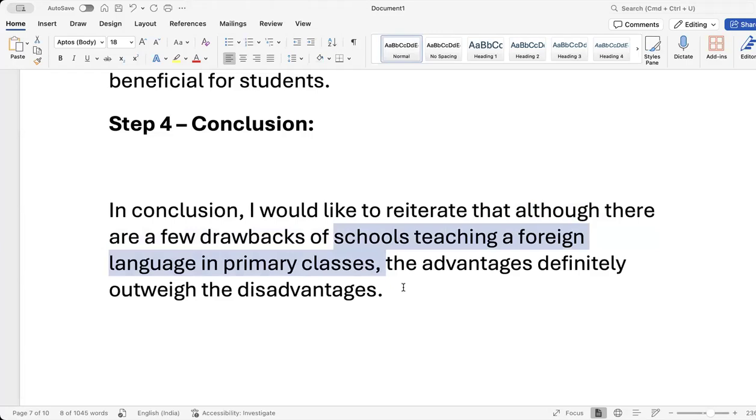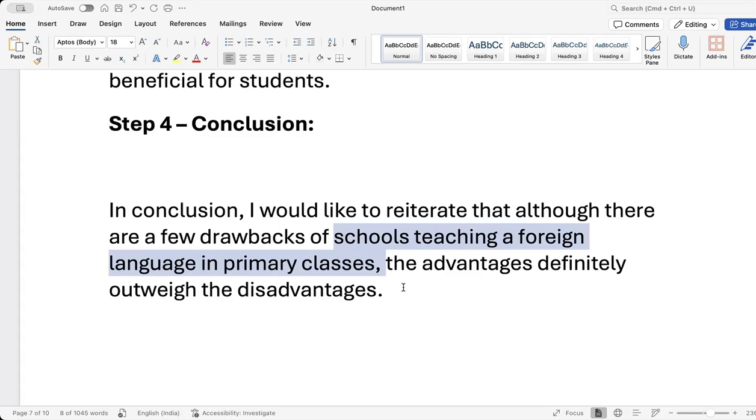Sir, I have a doubt. If we are given an advantage-disadvantage essay, or an agree-disagree essay, or any other essay type, the structure will generally be an introduction, and then in body paragraph one we have to write about the advantages or agreeing points.